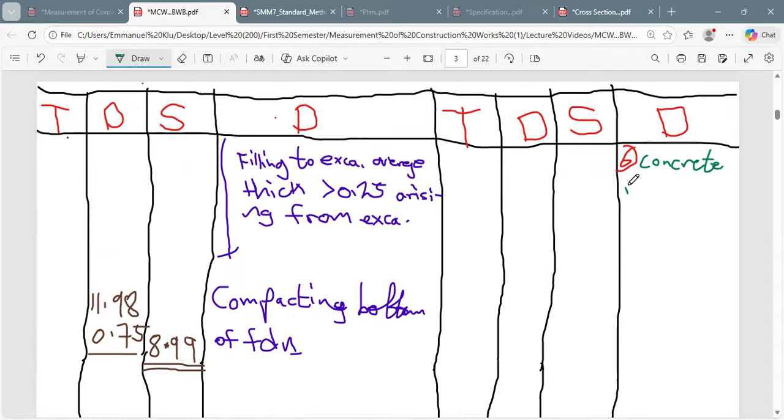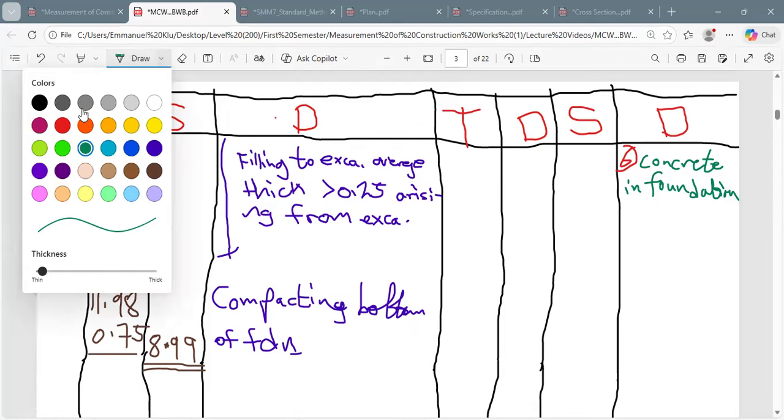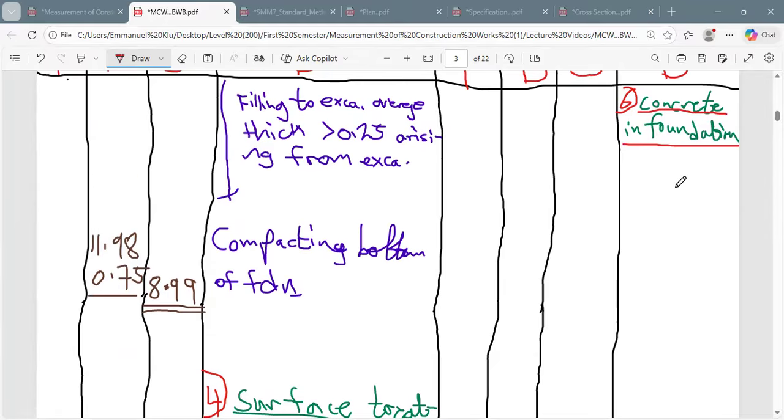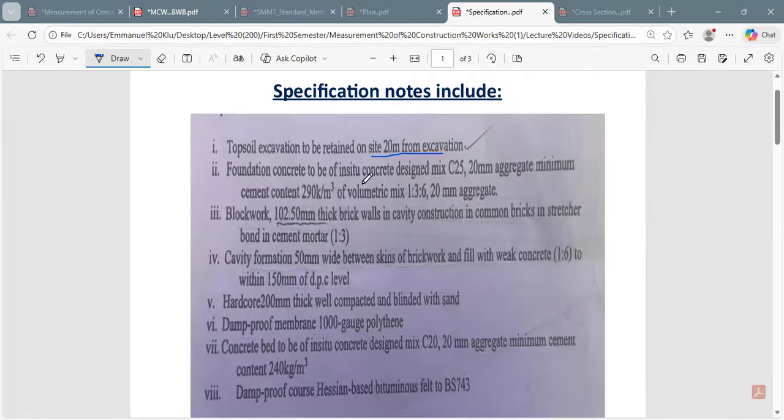So concrete and foundation. From the specification, they say concrete in foundation is to be in situ concrete, and a whole lot more they said over here.